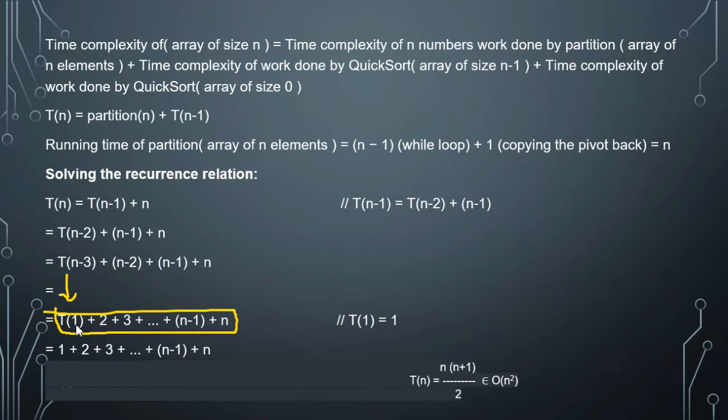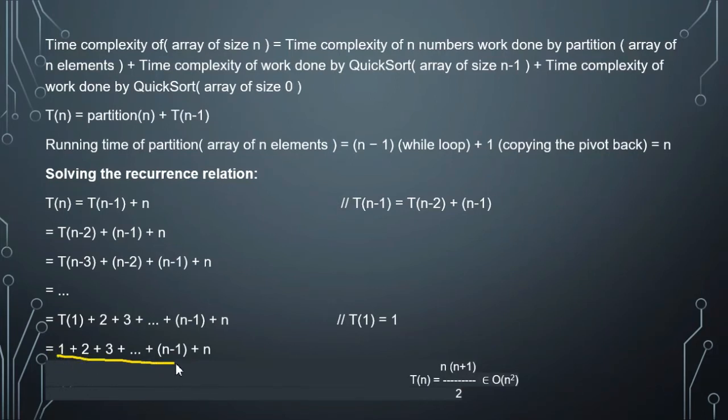So it starts from 1 and goes to n minus 1 till the last element comes and adds in. So we see that n elements are adding, and their time complexity will be n times (n plus 1) divided by 2, plus this element n.